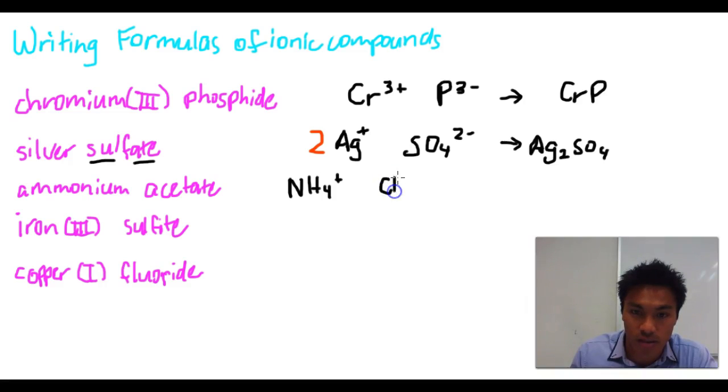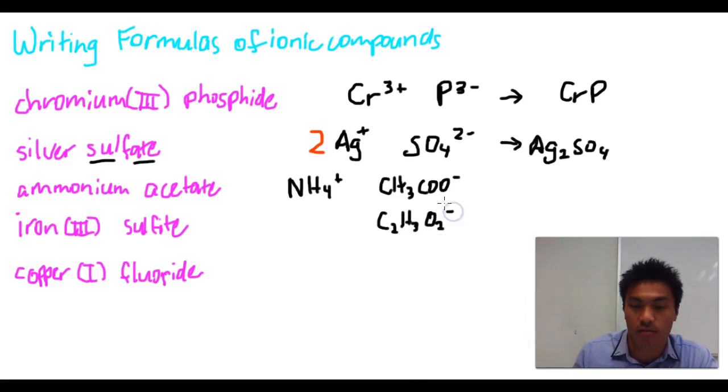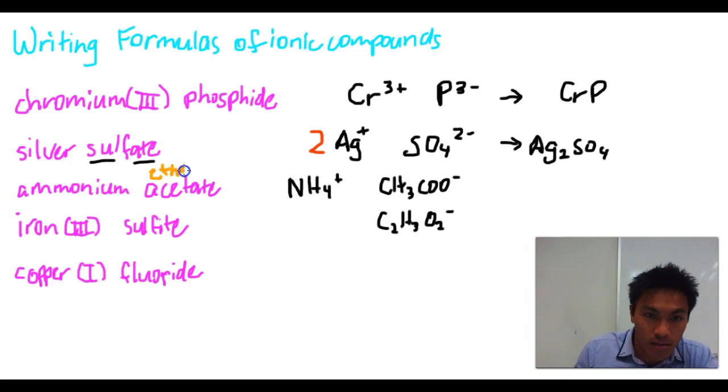It can be written CH3COO negative, or it can be written C2H3O2 negative. You need to know that they can be written in both ways and not be tricked. And with the name itself, we can also call it ethanoate.